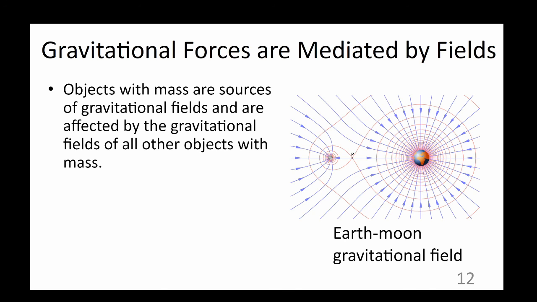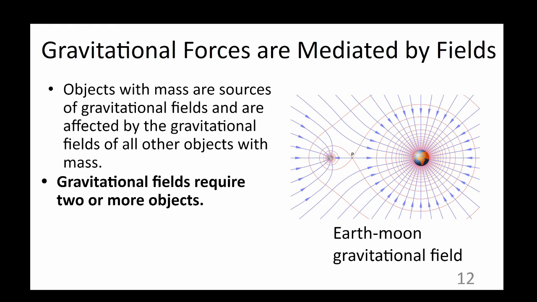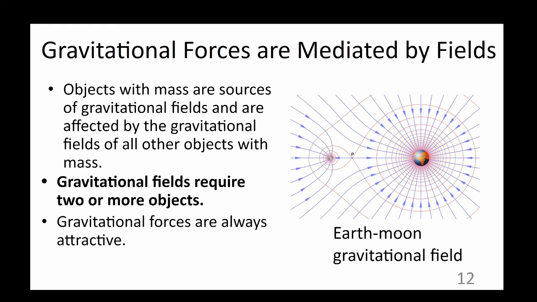Here, you see a representation of the gravitational field of the Earth and the Moon. The gravitational fields interact with all other objects with mass and energy. The idea here is that you need to have two objects to observe gravity. And this is partly why gravitational forces are always attractive.